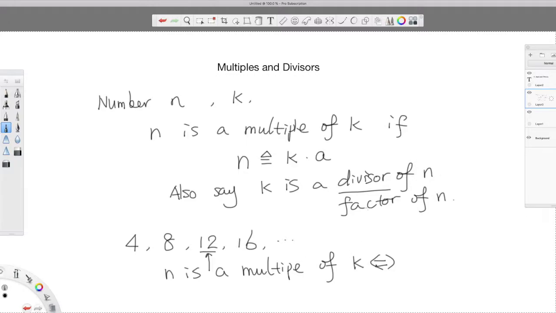Then n is a multiple of k if and only if the remainder is 0. Correct? We all know this. So let's look at a few simple examples to remind ourselves how those simple things actually work.